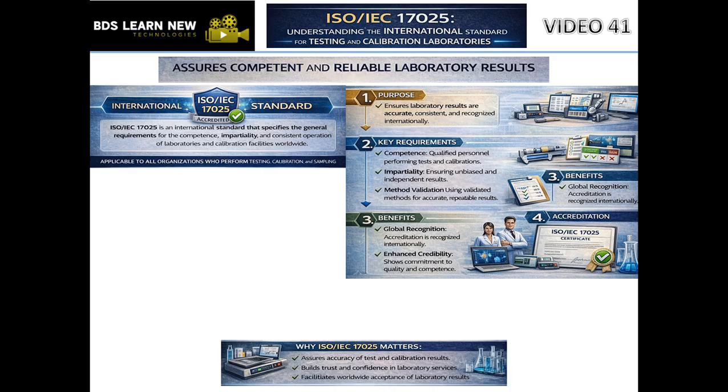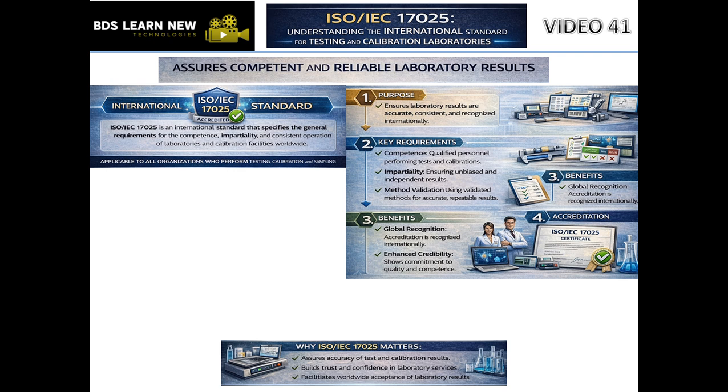And what are the third benefits? Global recognition, accreditation is recognized internationally, right? Then enhanced credibility, shows commitment to quality and competence. So this is recognized globally. You can use this certificate at any place in the world.